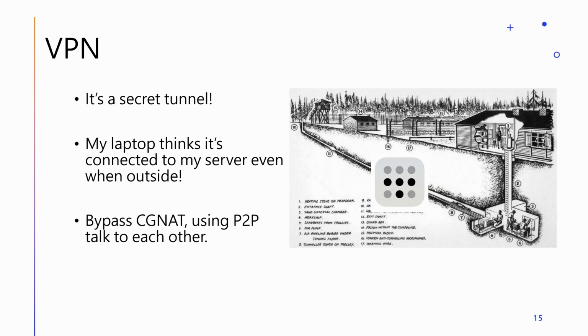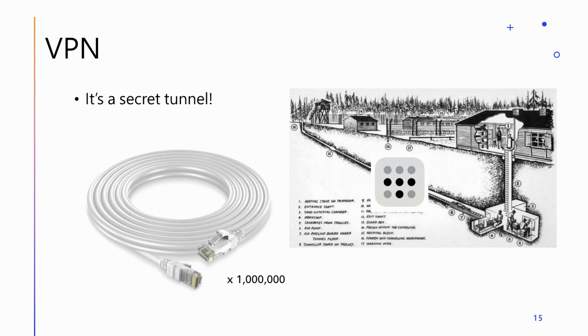And it can bypass CGNAT, which is using P2P technology to talk to each other. It's like you have a million RJ45 cables connected together and connected to your home router, so you can bring it everywhere you go.